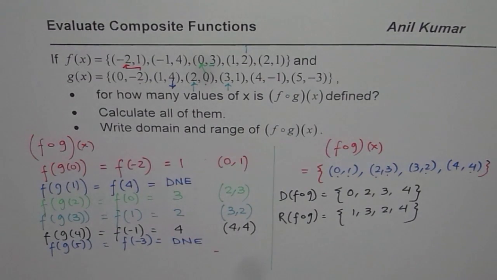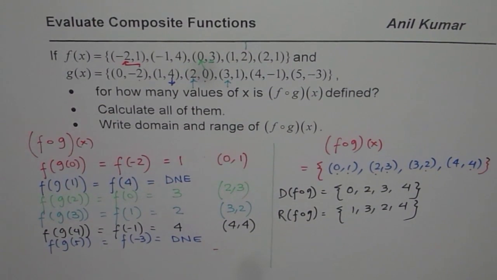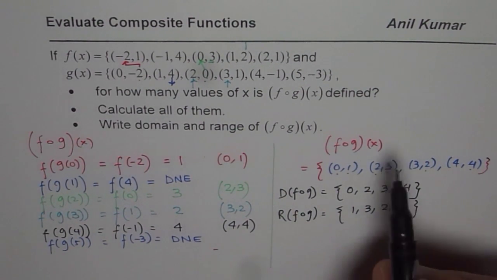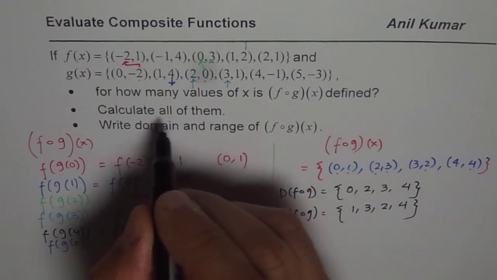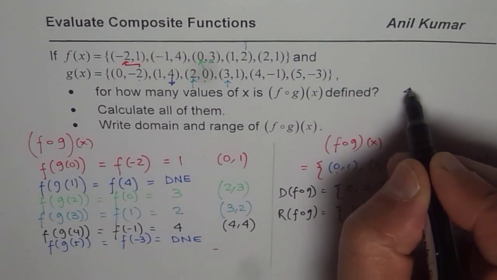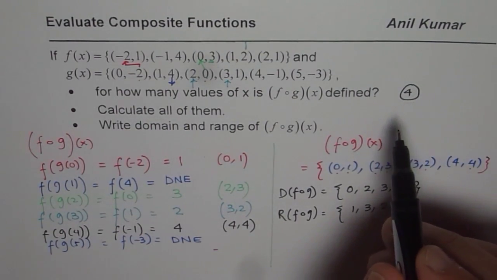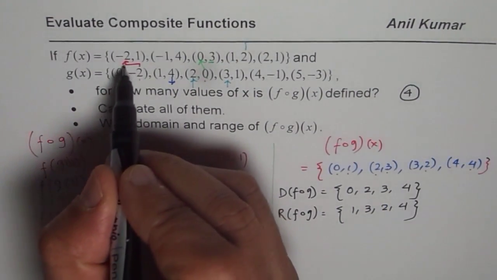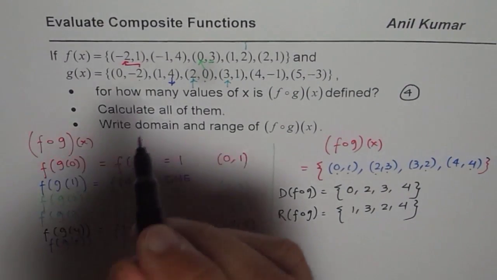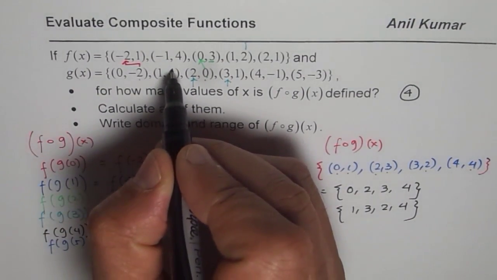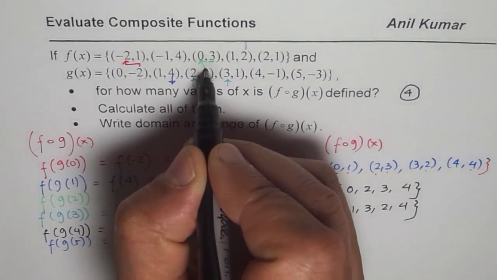So that is how the composite functions are connected, and that is how you can evaluate. I hope with this example you understand how to solve them. And clearly we have 1, 2, 3, 4. So calculate all of them. How many of them are defined? 4 are defined. How do we know these 4 are defined? Because the outputs of g are connected with inputs. So let me connect. So minus 2. 4 is not connected, but 0 is connected.